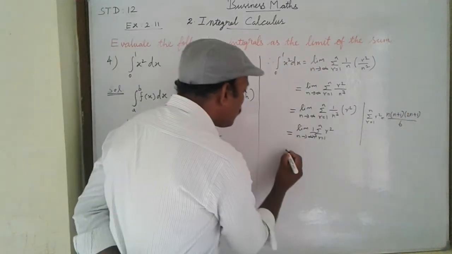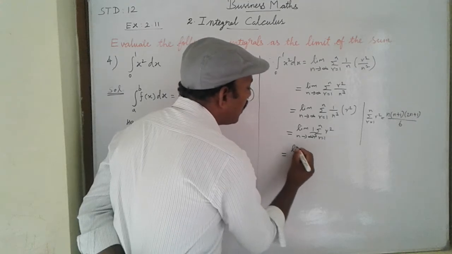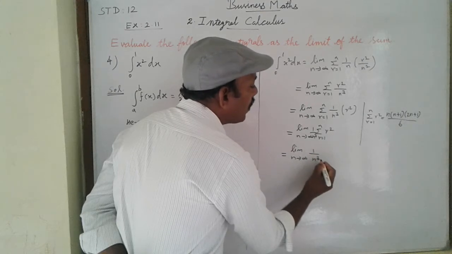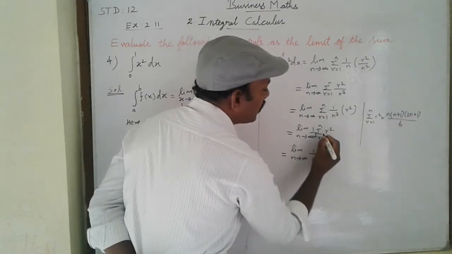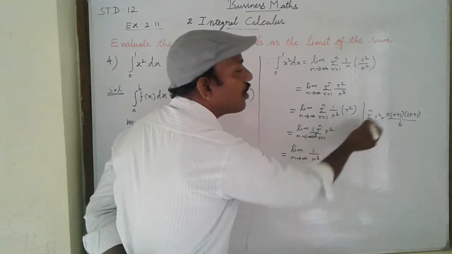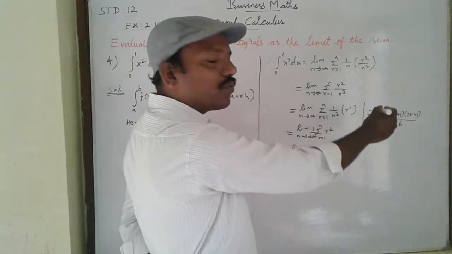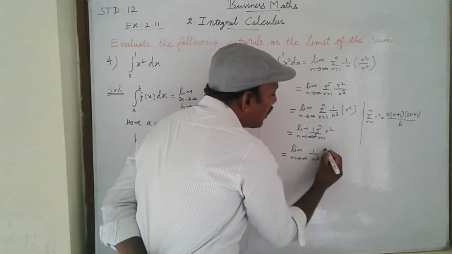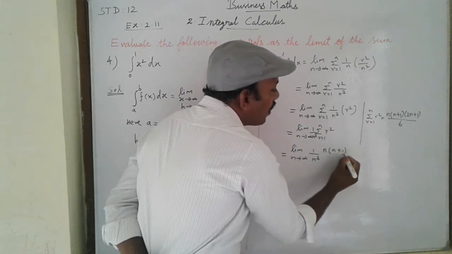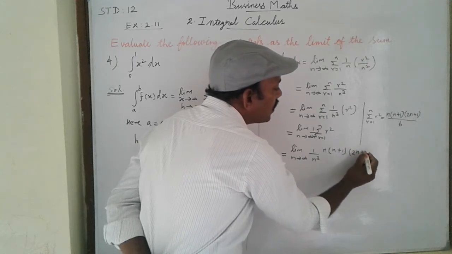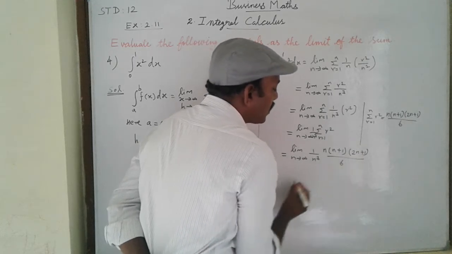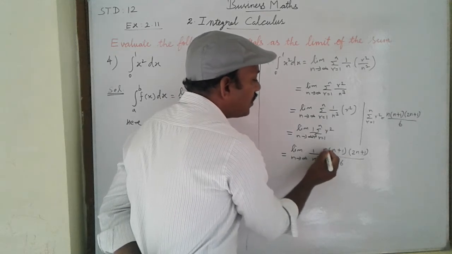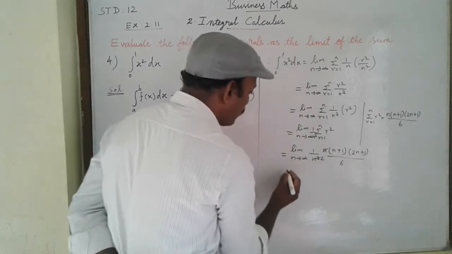So we substitute here: limit as n tends to infinity, 1 divided by n cube. The formula for sigma r equal to 1 to n r square is n into n plus 1 into 2n plus 1 divided by 6. We write here n into n plus 1 into 2n plus 1 divided by 6. So n cube and n cancel, leaving n square.